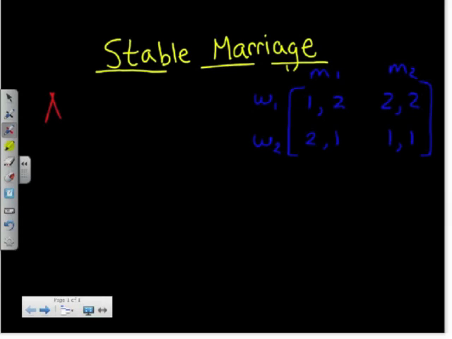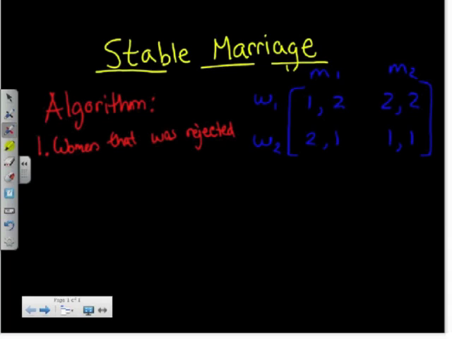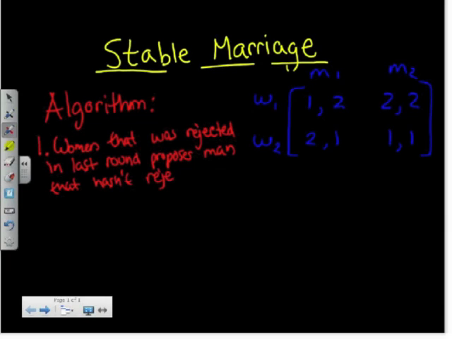Okay, algorithm. So the first thing we do is that each woman that was rejected in the last round proposes to her favorite man that hasn't rejected her.